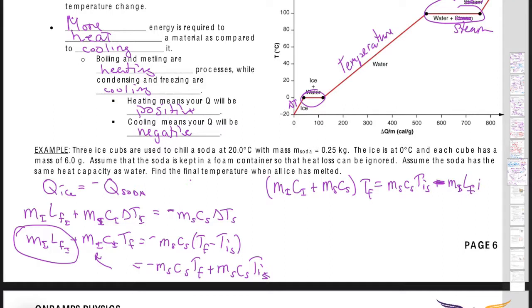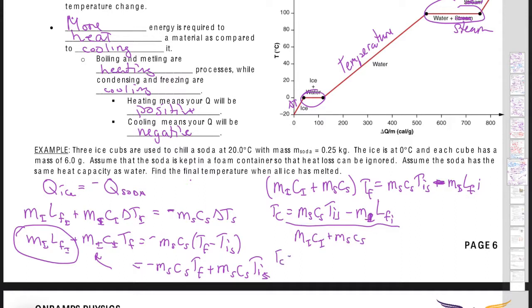Okay, and so my final temperature, as you can see, is going to look very similar to what we had before. It's going to be MSCSTIS minus MILFI, right, divided by MICI plus MSCS.